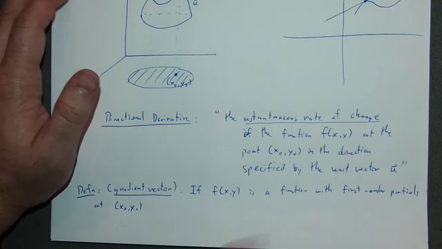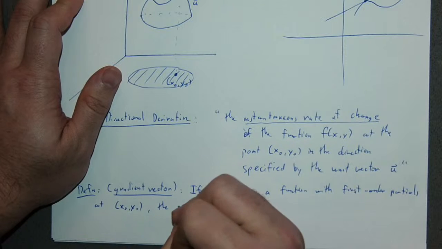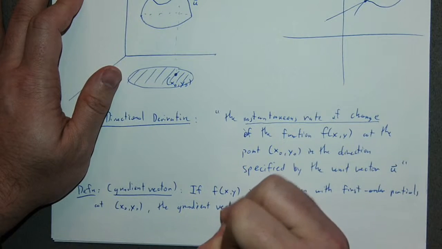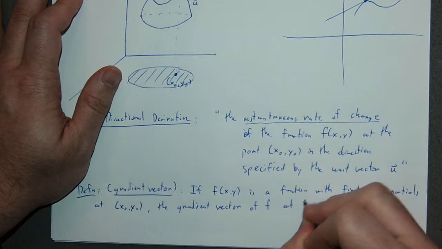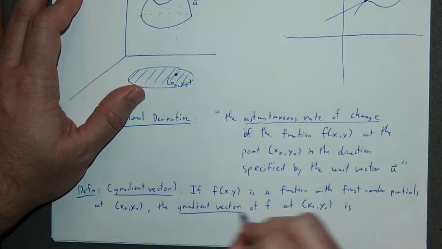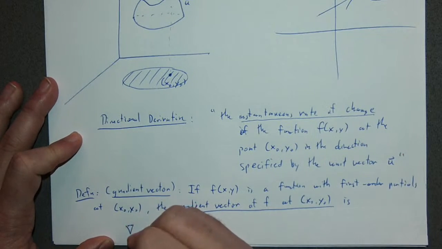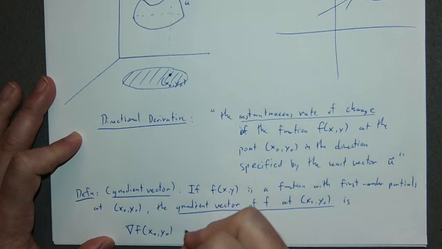So if f is a function with first order partials at x naught y naught, then the gradient vector of f at x naught y naught is the following. This is nabla f of x naught y naught.